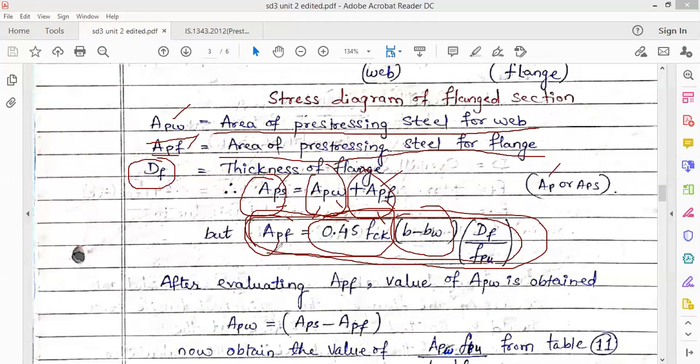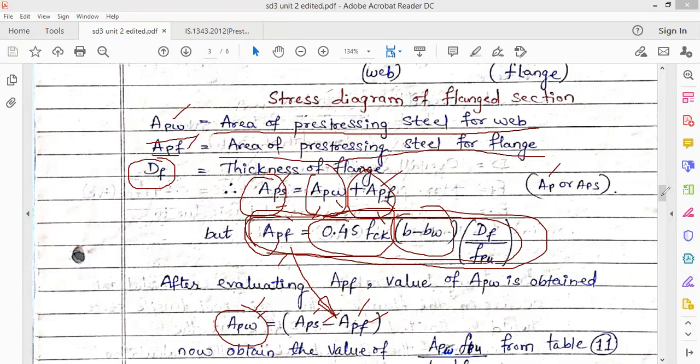So once I get the value of APF, I will substitute that here because APS is equal to APW plus APF. So if I want APW, it is APS minus APF. I know the value of APF and APS is already known, so I can obtain the value of APW.